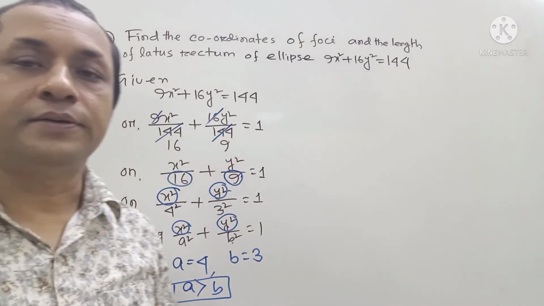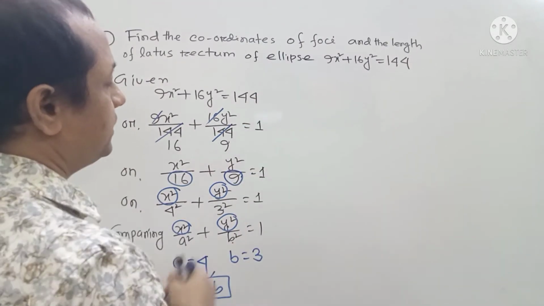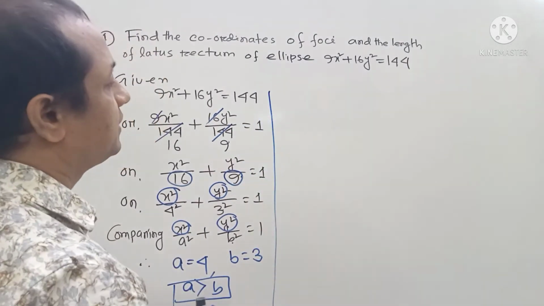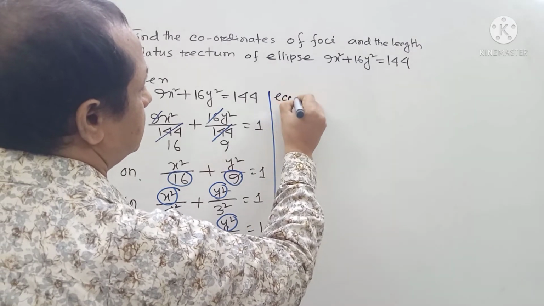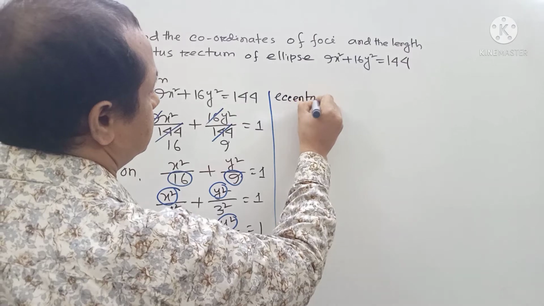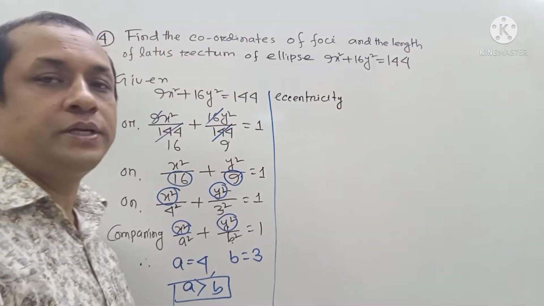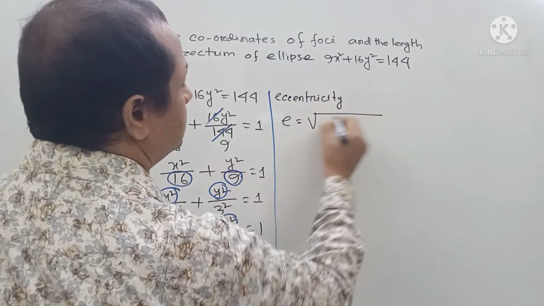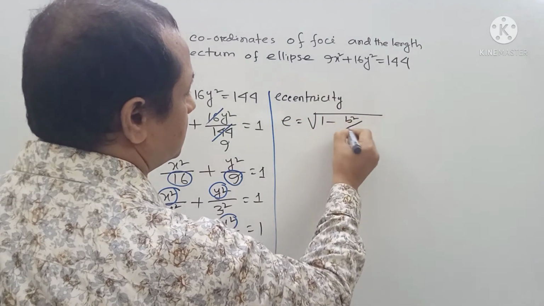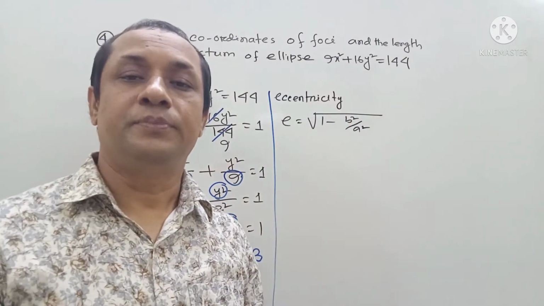Now find the eccentricity. You have learned the formula, students: eccentricity e equals root over 1 minus b square by a square, because a is greater than b.